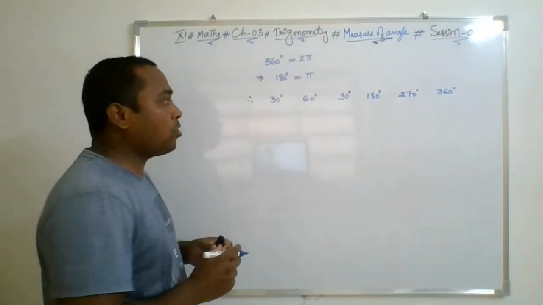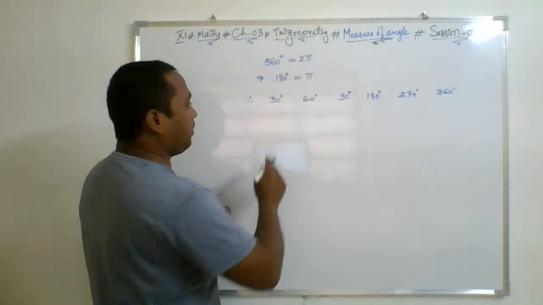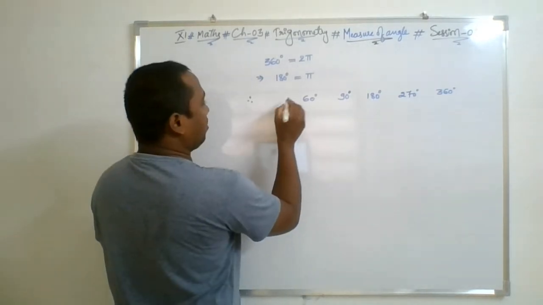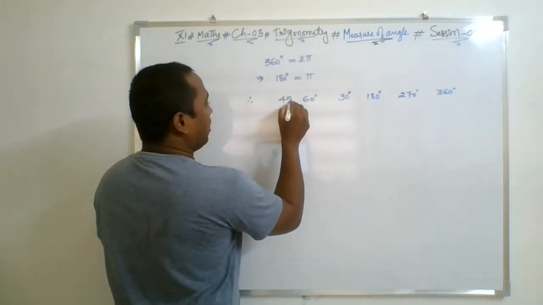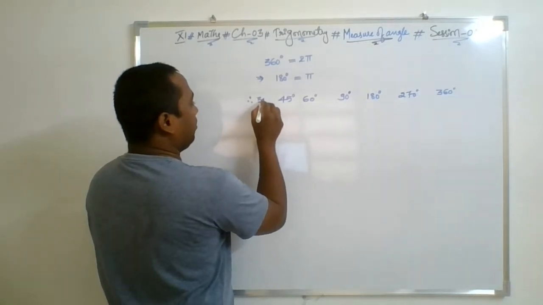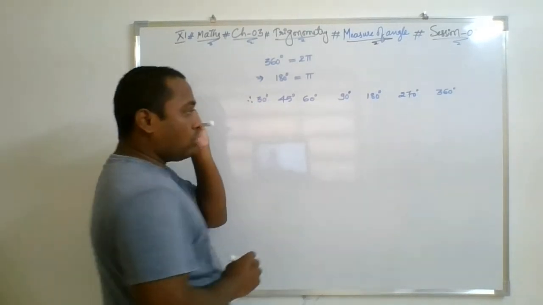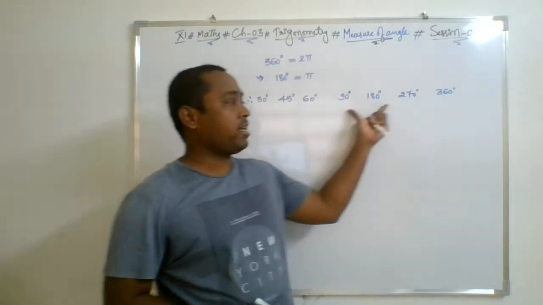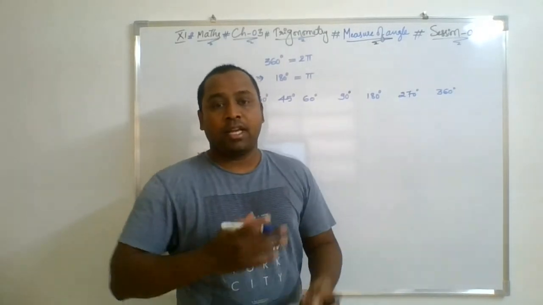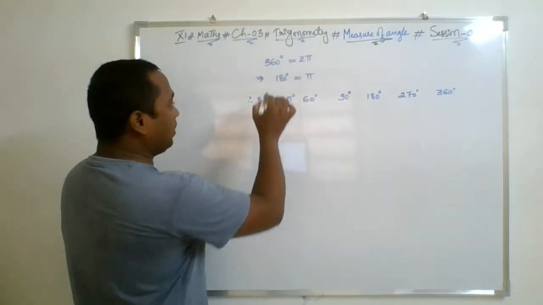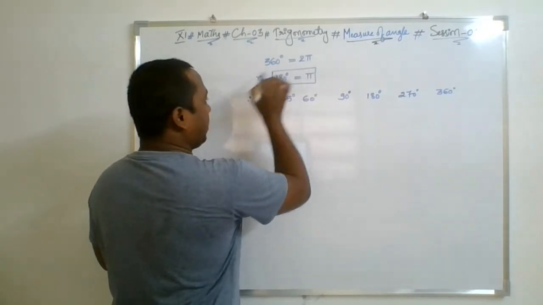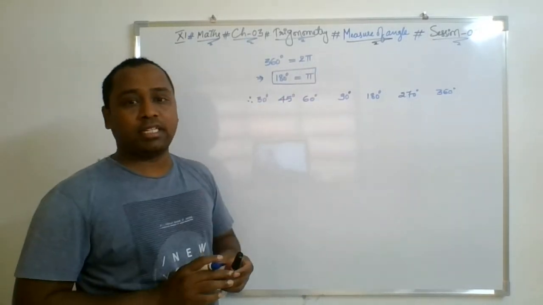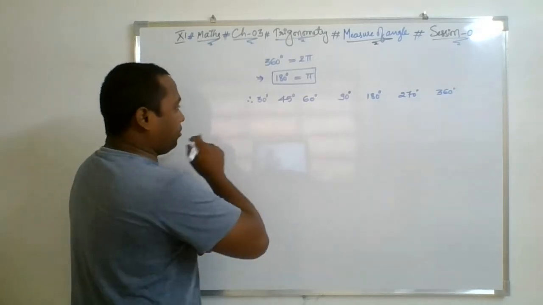So these are the amounts of rotation we were using. You may also say the standard angles like 45 degrees and 30 degrees. Now we are trying to express these fundamental angles in radian terms by using this relation. Pi radian is nothing but 180 degrees, right?